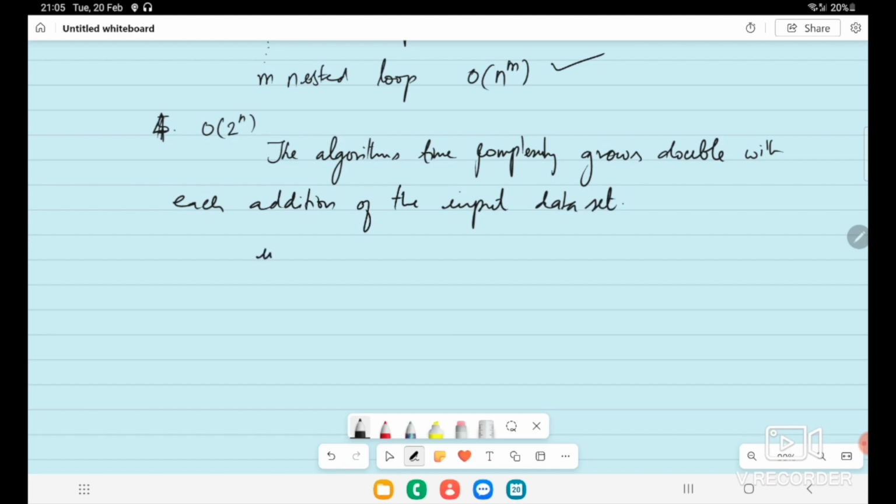For example, if I take the Fibonacci method, I'm passing the number n. If n is less than or equal to 1, then return n.